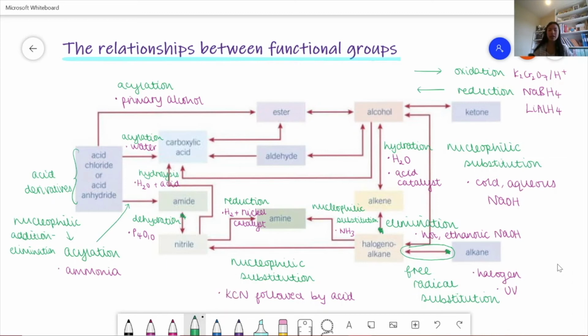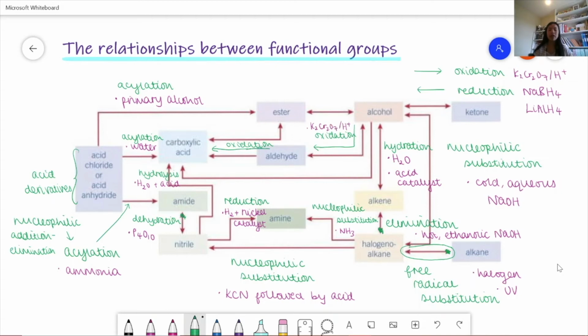So going this way, we have oxidation, and here we have oxidation as well. And these are both using potassium dichromate with a H plus catalyst.